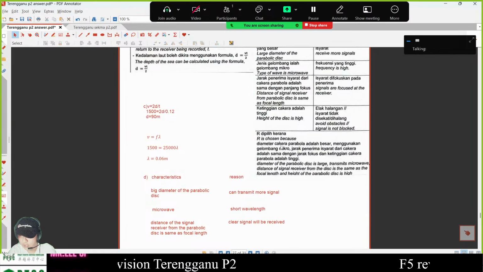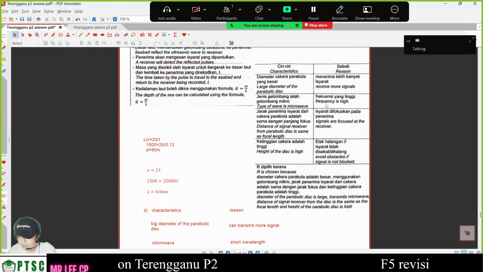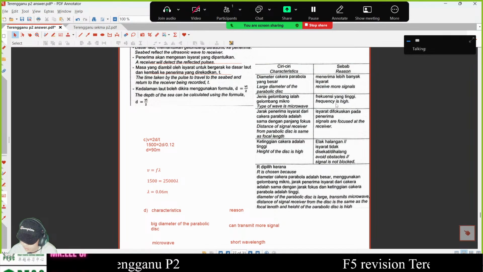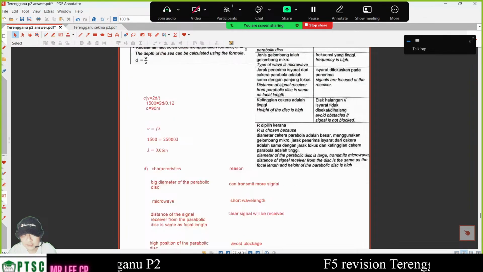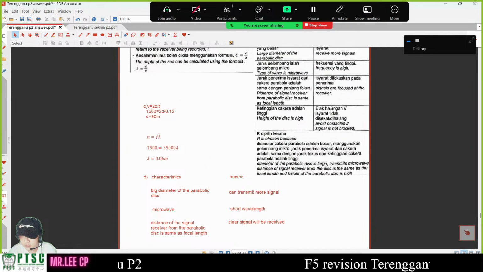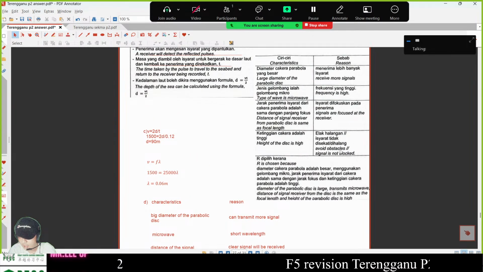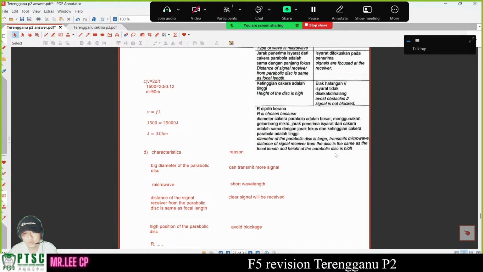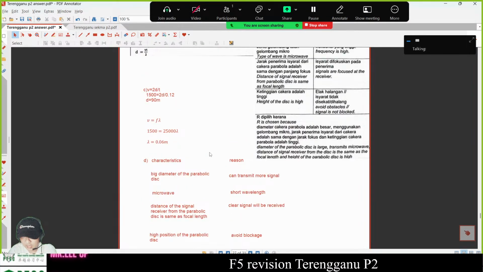Okay, I put it here. Now, frequency is high and short wavelength will be the same meaning. No worry. Not block, or avoid obstacle or blockage, will be okay. So my answer is okay here.